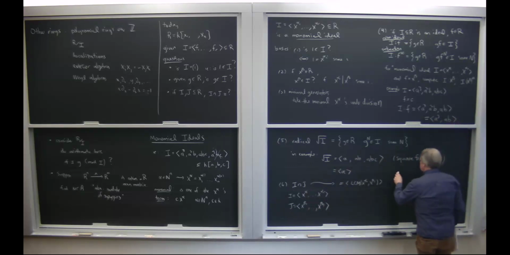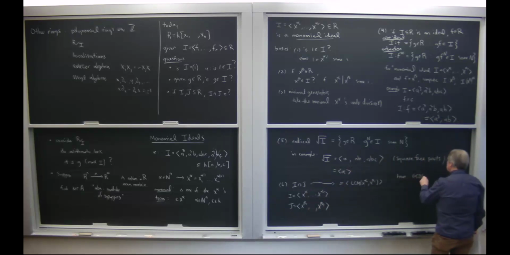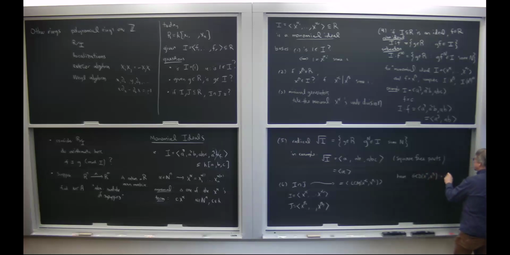Actually, I should have written that down because that's exactly what we're doing in lots of these things. So we have the GCD of x to the alpha and x to the beta. I guess I will write it down. It's going to be the minimum, the product of x_i to the minimum of alpha_i and beta_i.